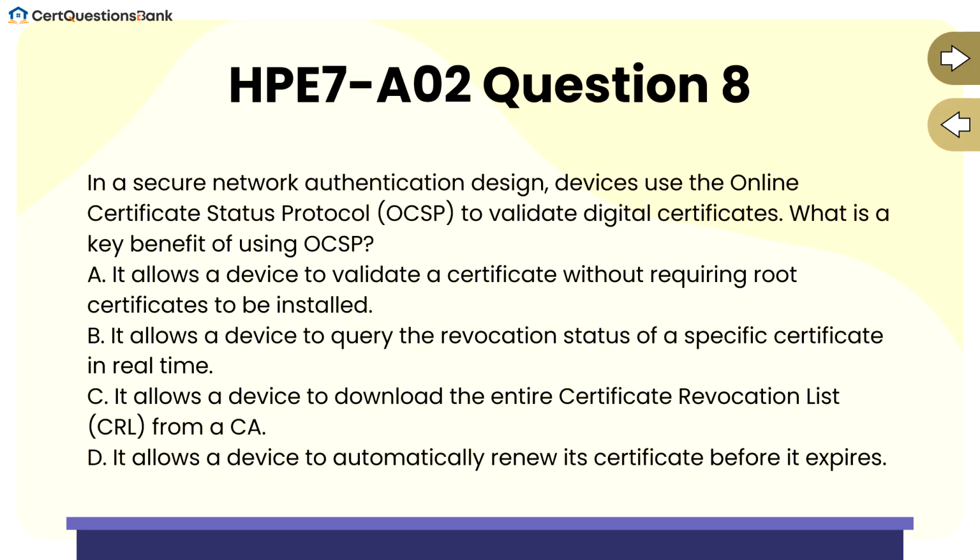B. It allows a device to query the revocation status of a specific certificate in real time. C. It allows a device to download the entire certificate revocation list, CRL, from a CA. D. It allows a device to automatically renew its certificate before it expires.